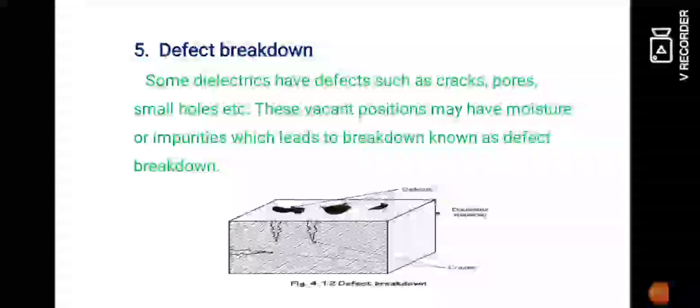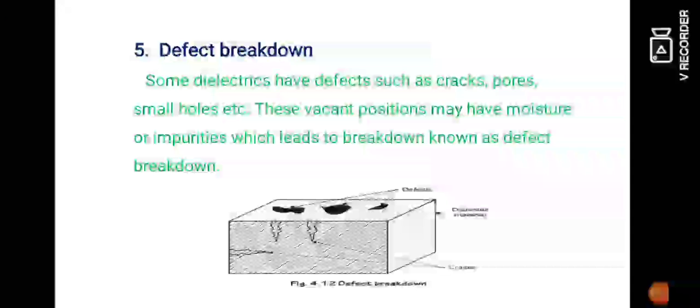Now let us see the last breakdown, that is defect breakdown. Some dielectrics have defects such as cracks, pores and small holes, etc. All these occur at the time of manufacturing, unfortunately. These vacant positions may have moisture or impurities, which leads to a breakdown known as defect breakdown.